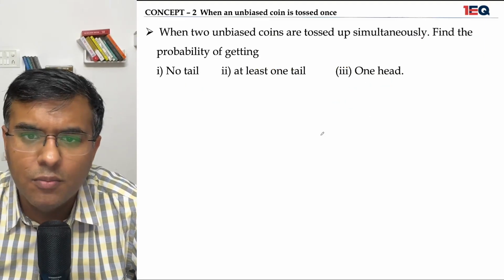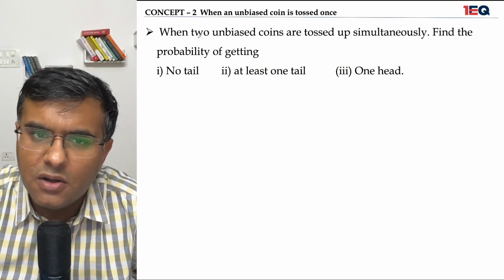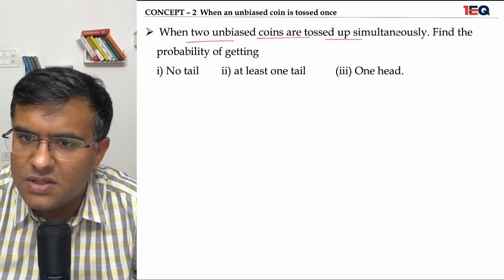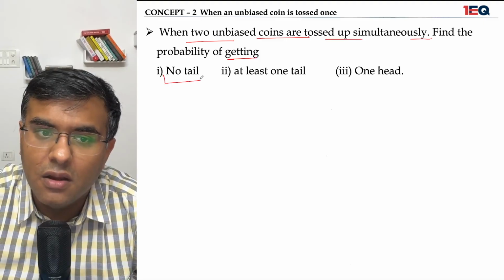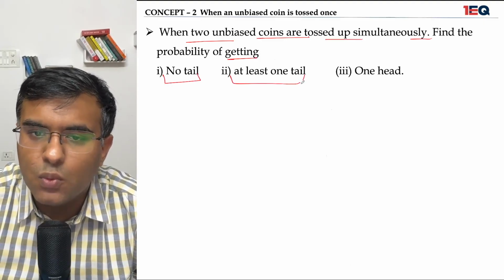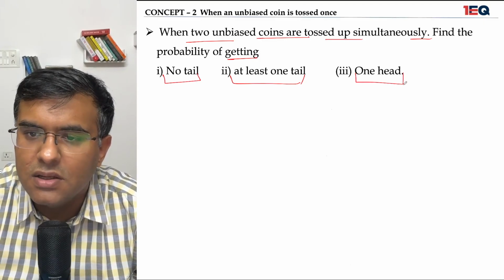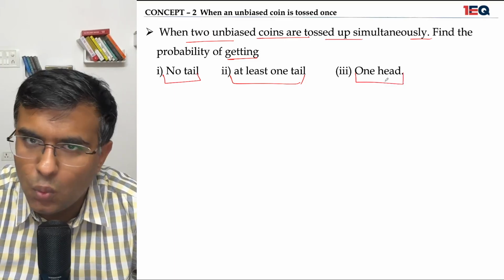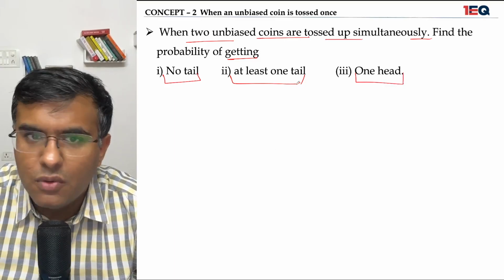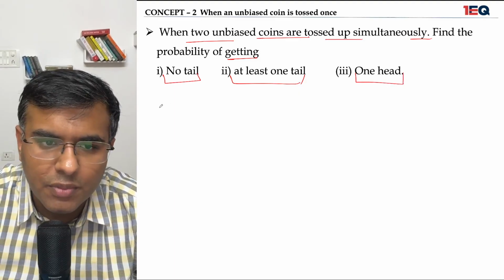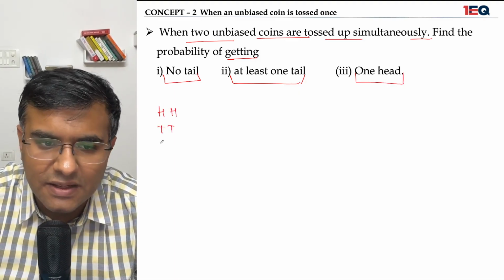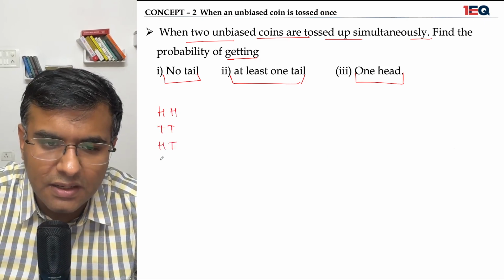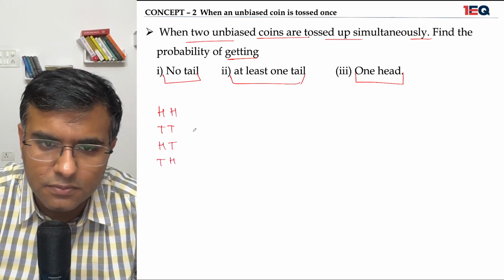All right, moving ahead. When two unbiased coins are tossed simultaneously, find the probability of getting no tails, at least one tail, and just one head. We have two unbiased coins. I'll quickly draw up the sample space: head head, tail tail, head tail, and tail head.